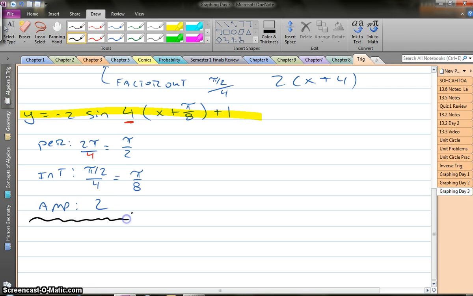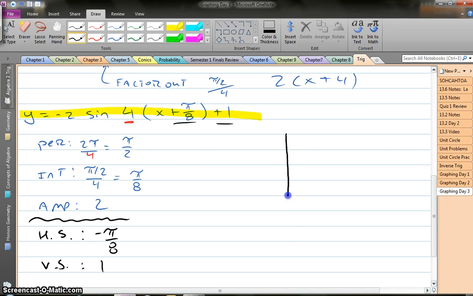And then we have our shifts. My horizontal shift is the opposite of inside, so negative pi over 8. And then my vertical shift is 1, because in back here we have 1.